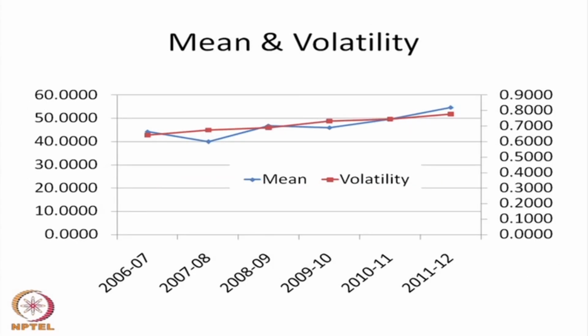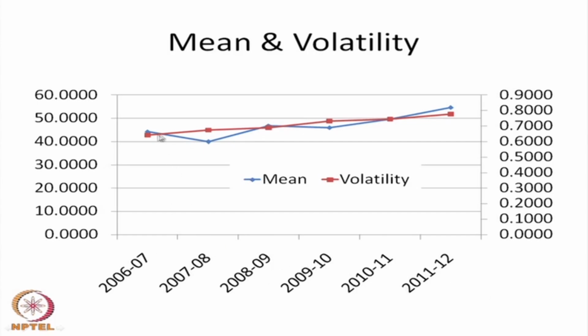I have also tried to find the mean and volatility of the Indian rupee. Using the last 7 years of data, I found the mean value of the Indian rupee and its volatility against the US dollar. The blue line indicates the mean of the Indian rupee in different financial years.